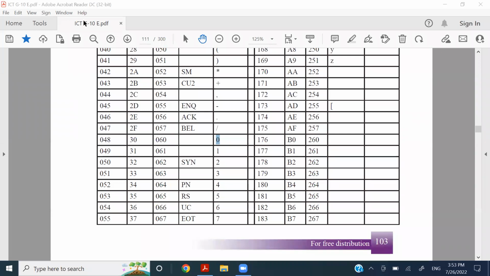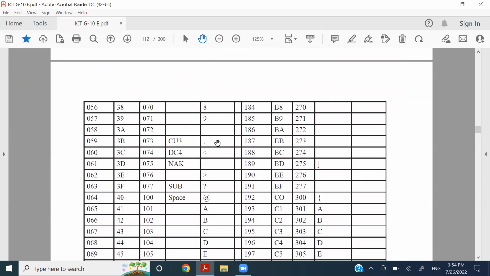Okay, sorry for that. And people, you can see here, this represents the 0 ASCII character, that means the 0 on your keyboard is represented by the ASCII value equal to the decimal 48. So if you write the decimal 48 in 7 bits, using 7 ones and zeros, that will represent the character 0 in ASCII, right?